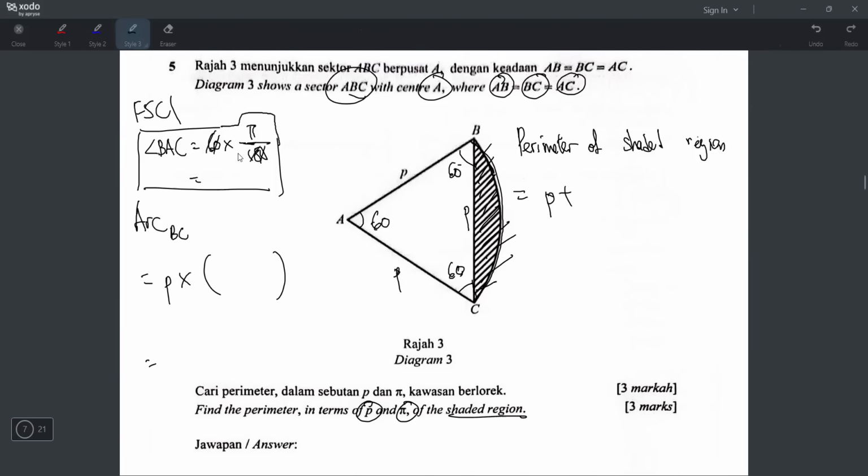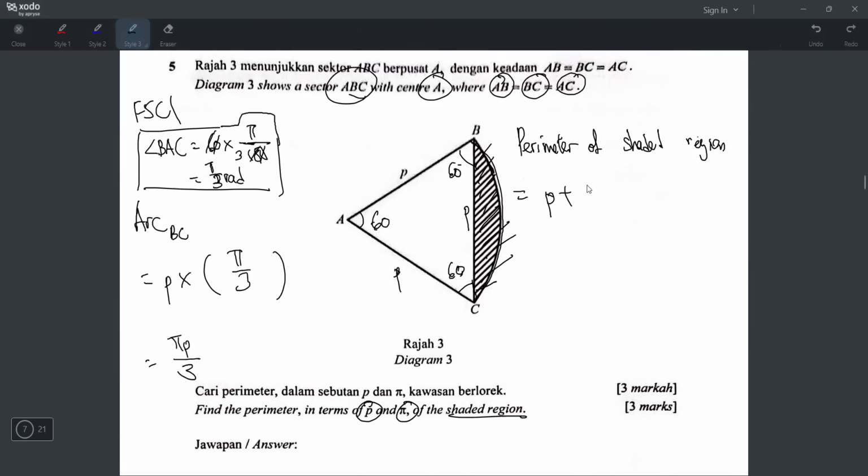So 60 over 180 will just be 1 over 3. So it's pi over 3 radian. And I will not write it in decimal. In decimal it will be 1.047, but the reason I don't write in decimal is because I want my answer to be in terms of P and pi. So here is pi over 3. And when you multiply, you will just get pi P over 3. The P goes on top. And this is the length of the arc in terms of pi and P.